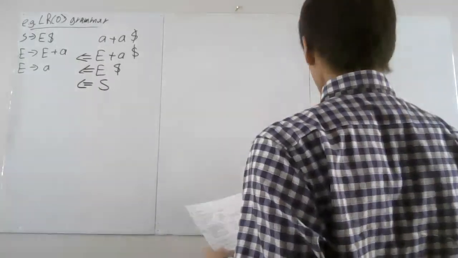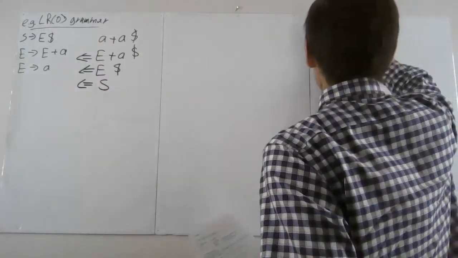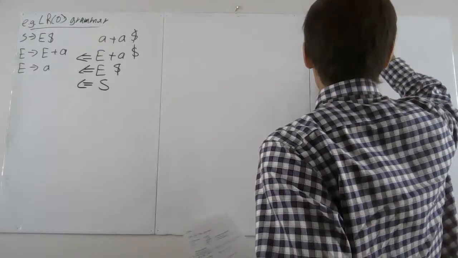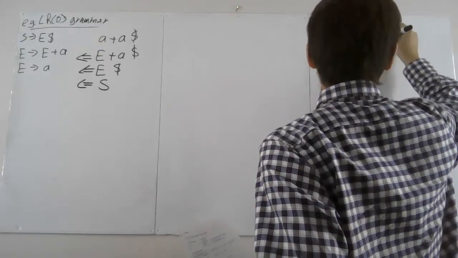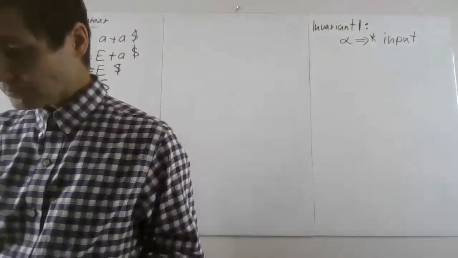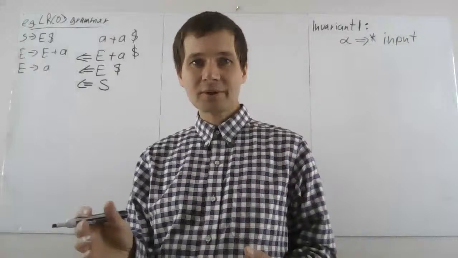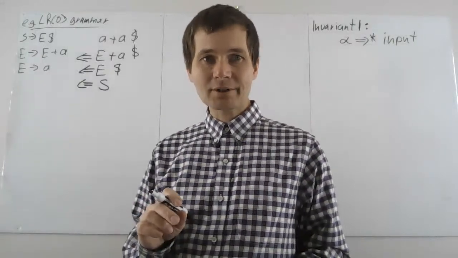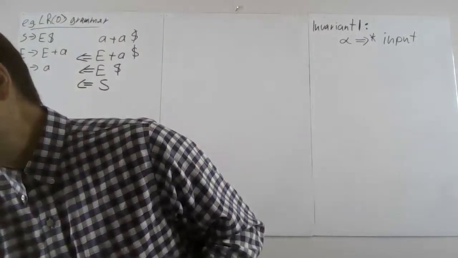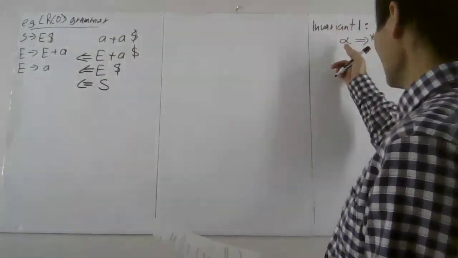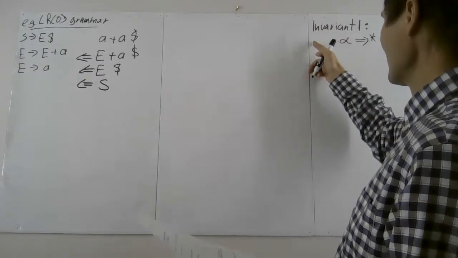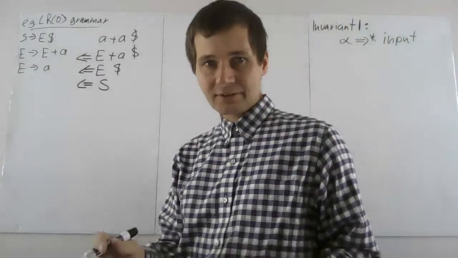So invariant 1 is that, I can write it like this, alpha derives the input. Okay, because we're starting with the input and working backwards, the current step in our derivation always takes us to the input, and the thing that we're hoping for is that we're eventually going to get to the start symbol.